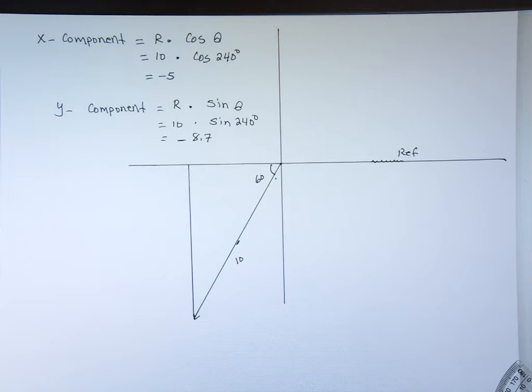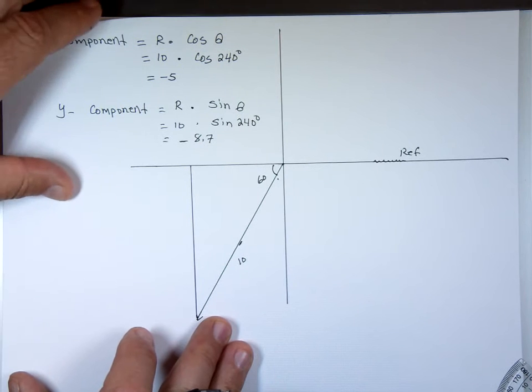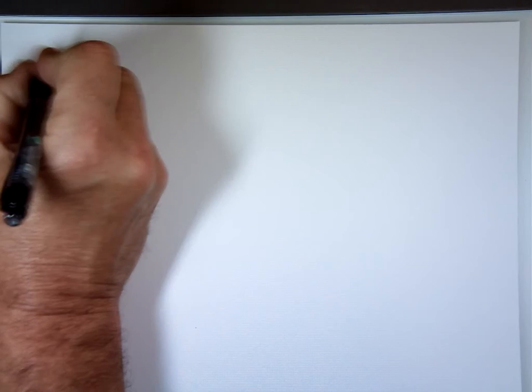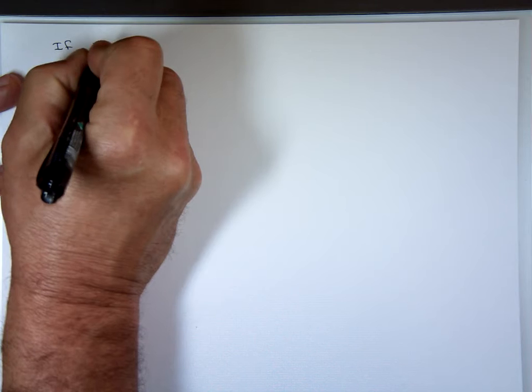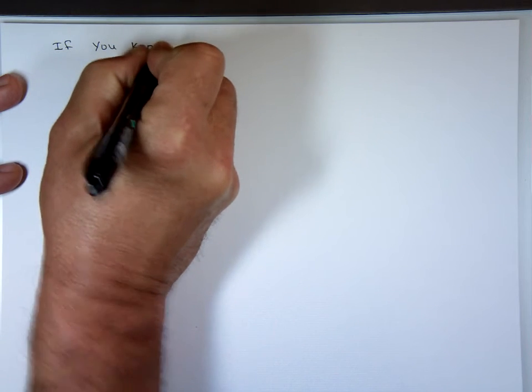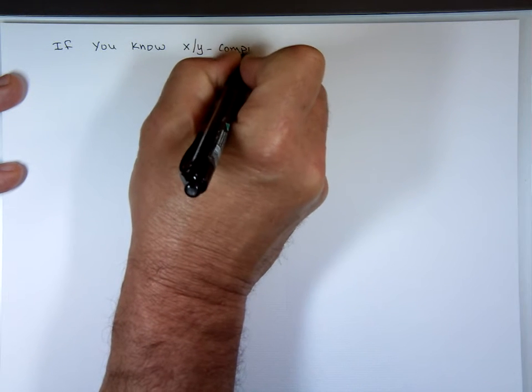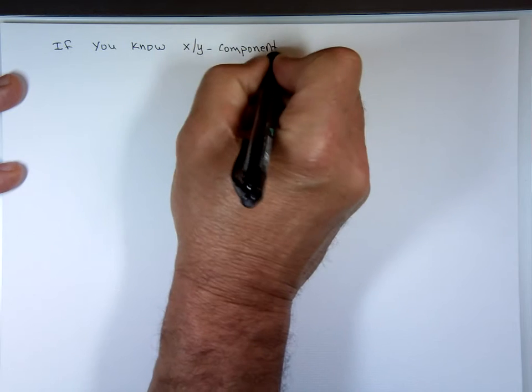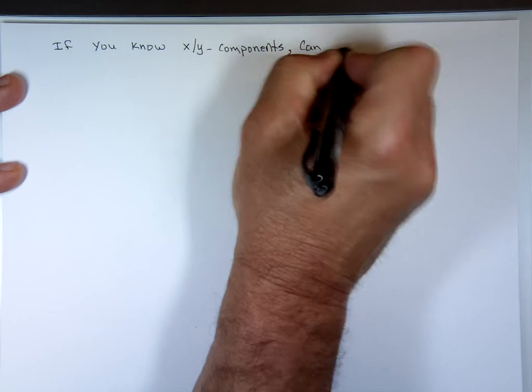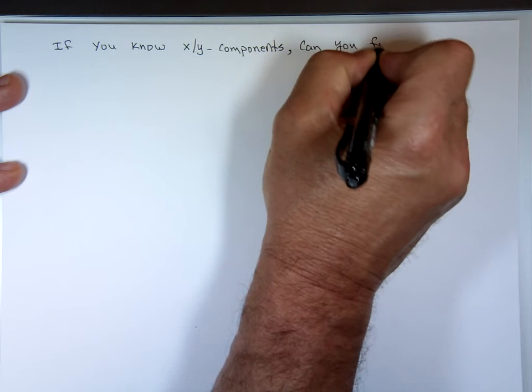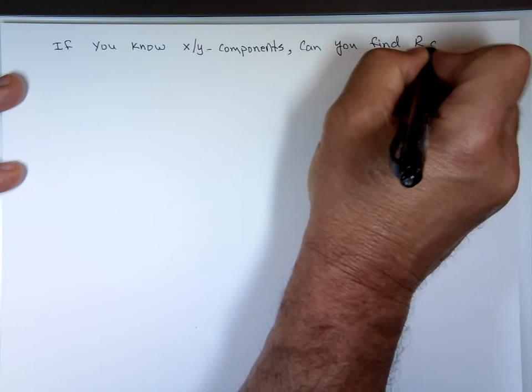So if you know r and theta, you can find the x and y component. What about if you know the components? Can you find r and theta? So let's look at that. If you know the x and y components, the question is, can you find r and theta, the angle?